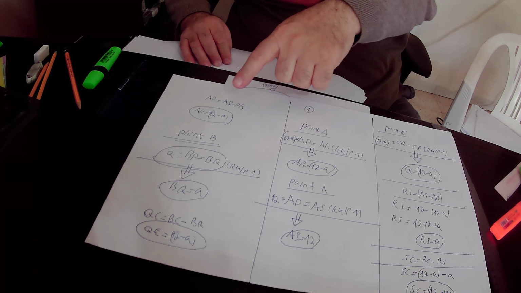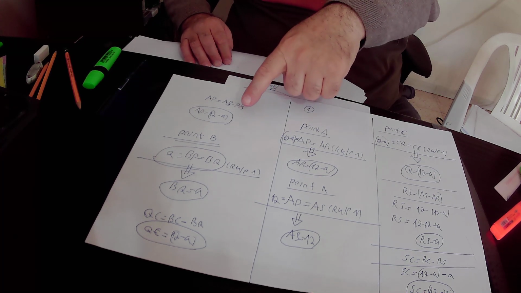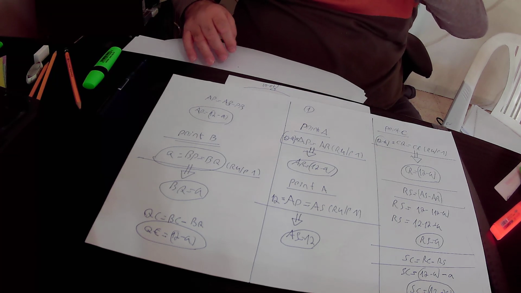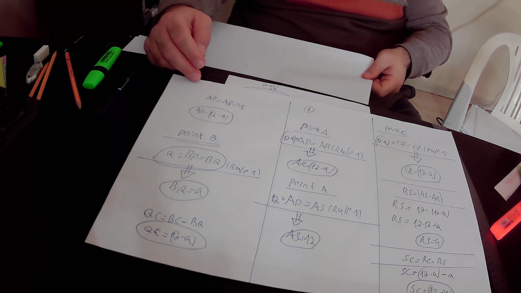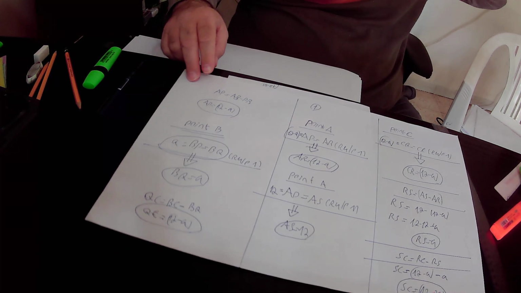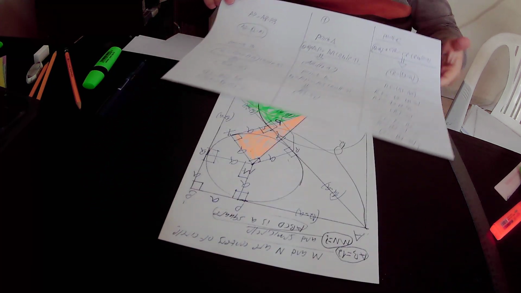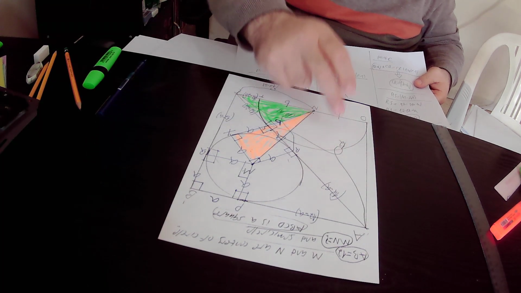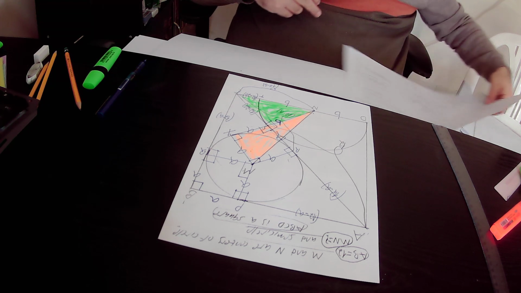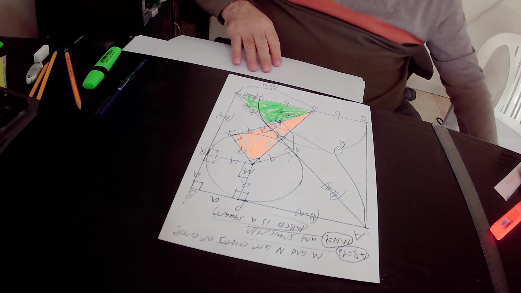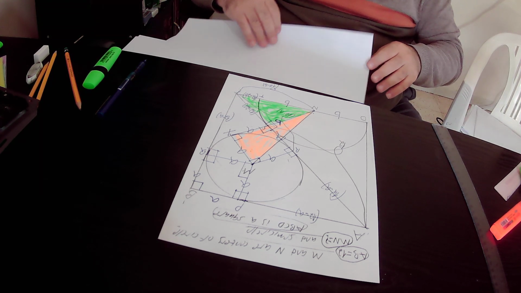But AB equals 12 units. PB equals a according to our definition, so in conclusion, AP is equal to 12 minus a. Then I presented to you rule number 1.